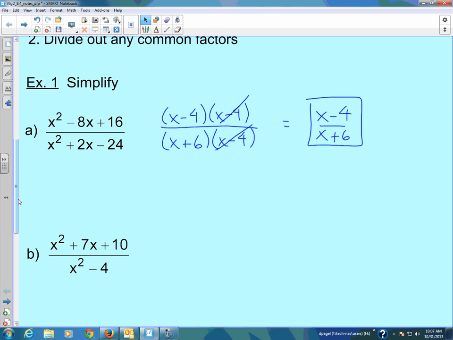Now, before we go on to the next one, let's back up a little bit and talk about some things that maybe seem obvious, but I see the mistake happen often. When we are set up in expanded form, both of these are expanded forms. Sometimes it gets really tempting to notice that I've got an x squared on the top and an x squared on the bottom, and so that must mean I'm able to cancel them. And then maybe some people even go further: negative 8 and 2, they can reduce.